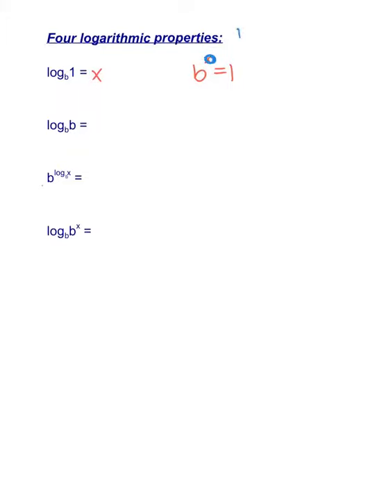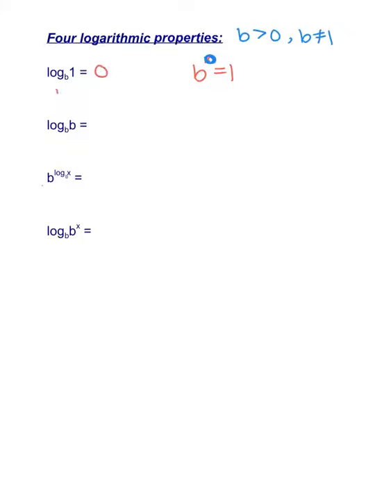And again, we're assuming here that b is a positive number, greater than 0, and we're also assuming that b is not equal to 1, because that was in my definition of a logarithm. So I know that b raised to 0 equals 1, and it doesn't matter what b is.